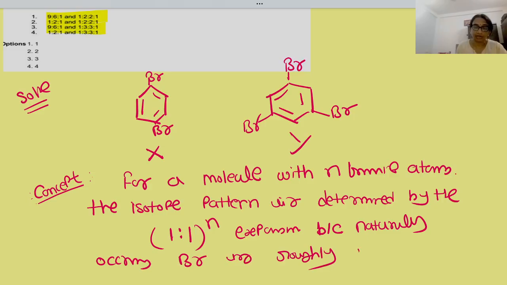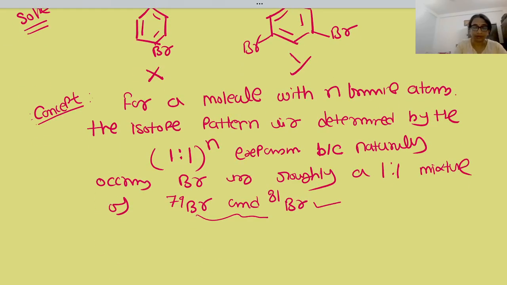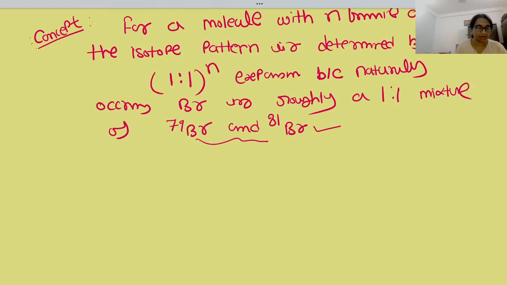On this basis we can calculate the relative intensity.